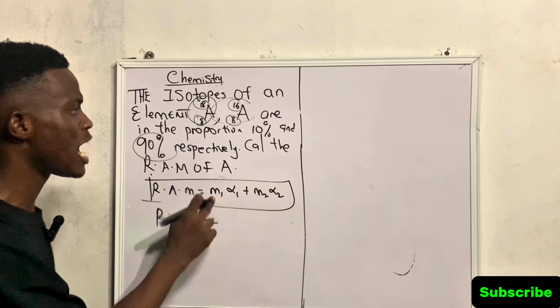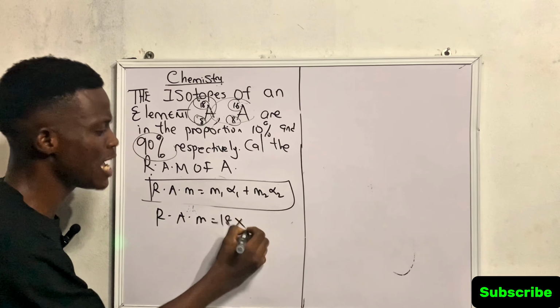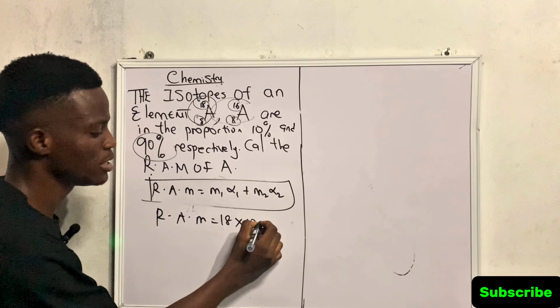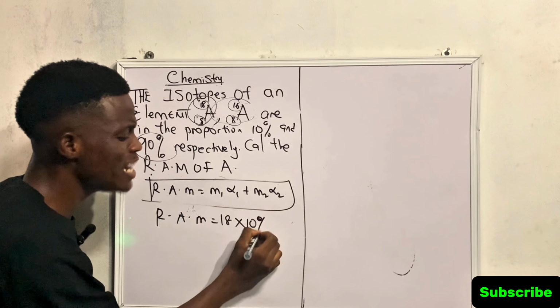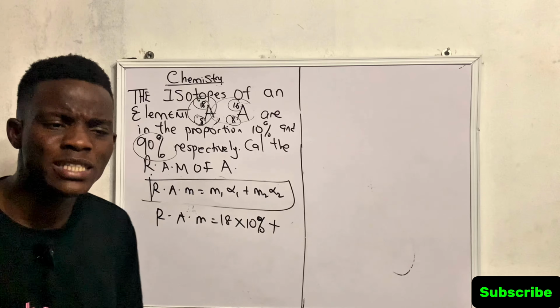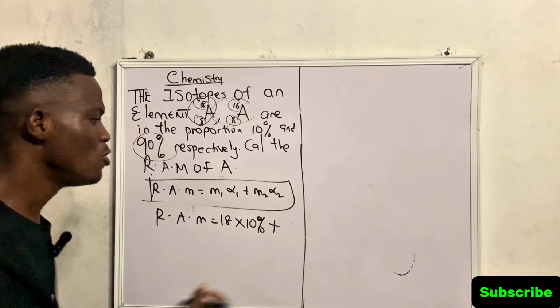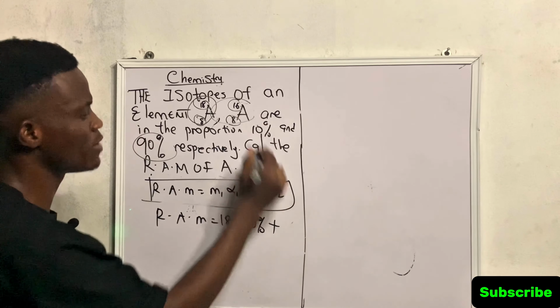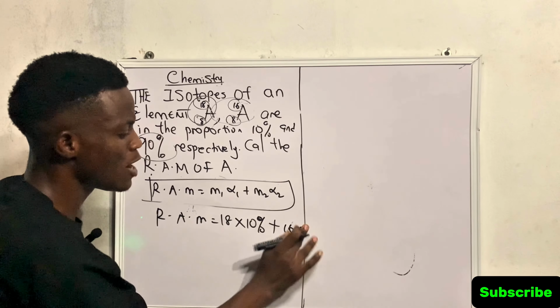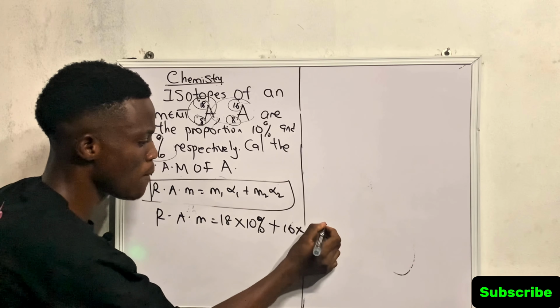What's our mass 1? It is 18 times 10%. But anytime you say percentage, it means over 100%. Our mass 2 is 16, times abundance 2, which is 90%.